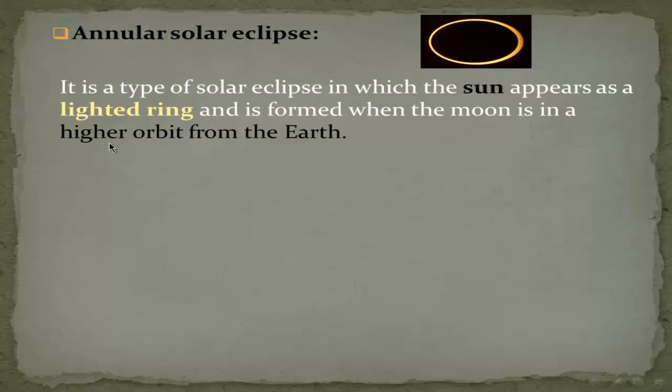What is meant by the moon being in a higher orbit from Earth? It means the moon is very far from Earth. In this case, the moon can't cast its shadow on Earth, so it looks like a lighted ring.